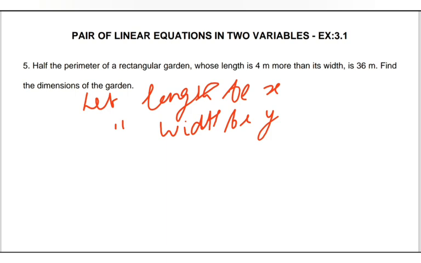So according to the question, first, half of the perimeter of a rectangle. What is the perimeter of a rectangle? The perimeter of a rectangle is 2 into (L plus B).